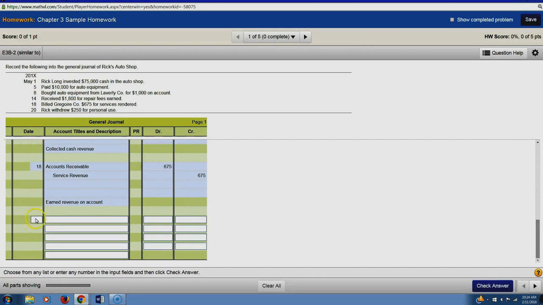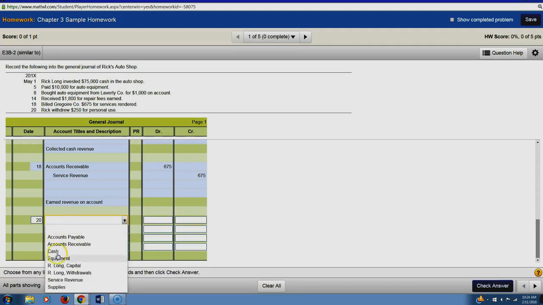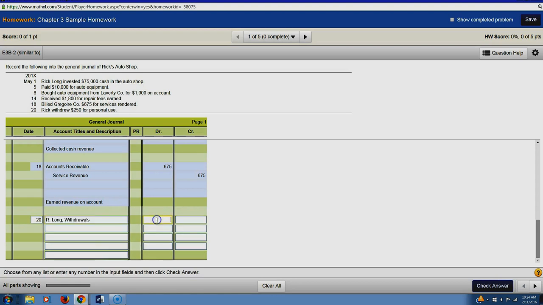Okay. And then there's a withdrawal, the 20th. So for personal use, we're looking to choose that withdrawals account. And what we're doing is, like in Chapter 1, you would have gone right inside that capital house and reduced capital directly for the withdrawal, but we keep a separate accounting for it here.